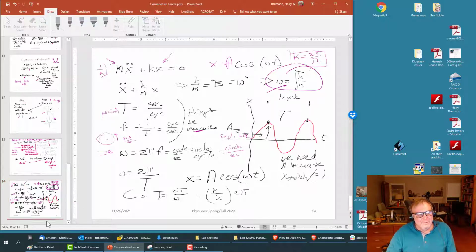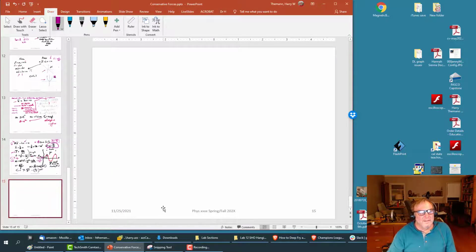And one thing we could have done, I suppose, is use different springs. But at the end of the day, we have our function A times cosine omega t. And so we know that omega equals the square root of k over m. Let's make sure I got that right.